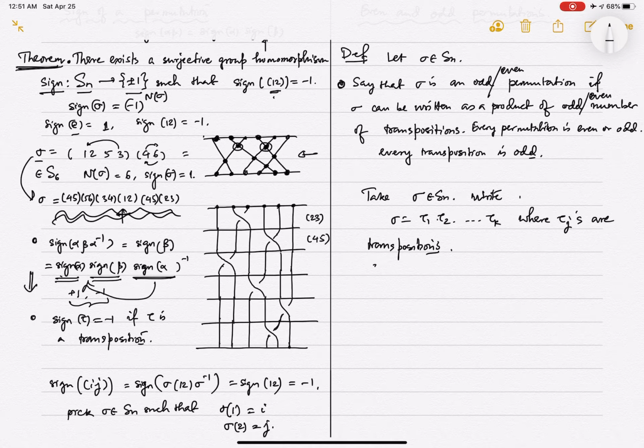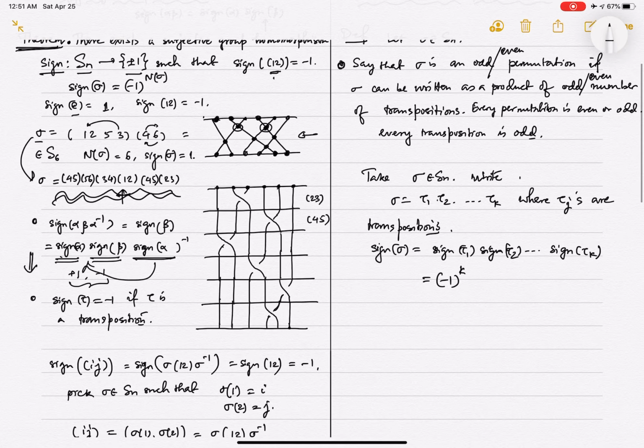And do it in any way, then the sign of sigma is going to be the sign of tau 1 times the sign of tau 2, and so on. By the homomorphism property, it just multiplies out. But each of these is just minus 1, so it's just (-1) to the power k.